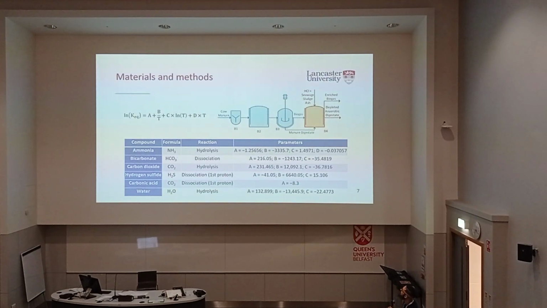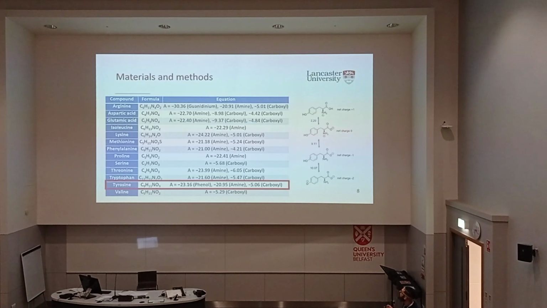The model of Rajan is very well defined, but the anaerobic digestate cannot be used for further valorization. So we implement the dissociation of these elements as well as the amino acids. And this is the underlying chemistry that I'm trying to explain.